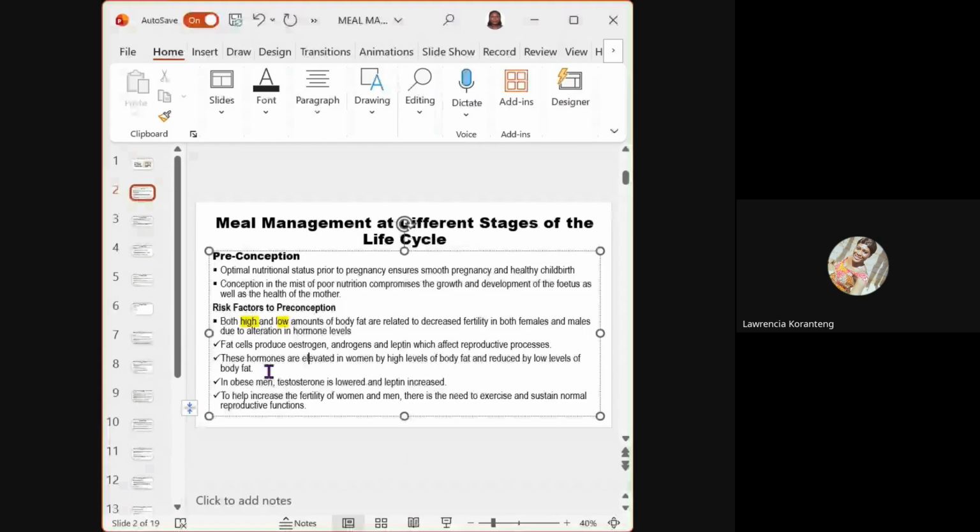It is also very good in lobsters, shrimps, and seafoods. And when it comes to meat, it is in the organ meats, like the liver, the kidneys, and all that. So when you are asked to prepare a meal for somebody like this, these are some of the foods that you choose for the person, so that the person will get whatever they need.